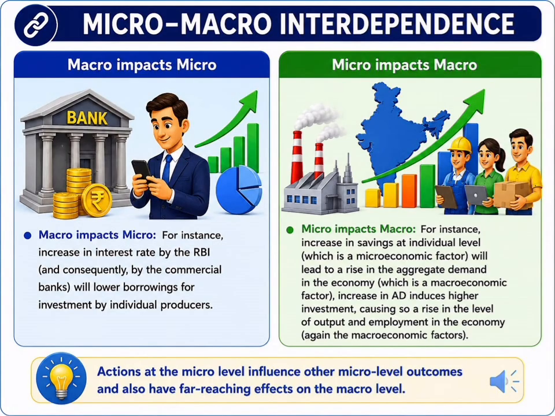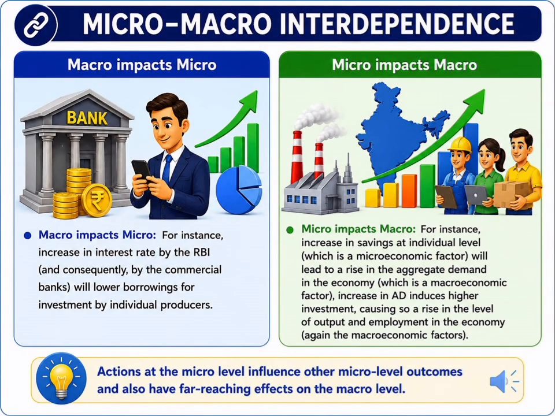Commercial banks also increase their loan interest rates. Because loans become expensive, many businessmen may decide not to borrow money to start a new business or expand their factory. So, one decision taken at the national level affects an individual producer. This shows that macroeconomics affects microeconomics.